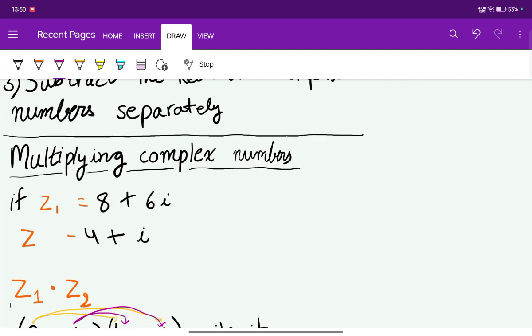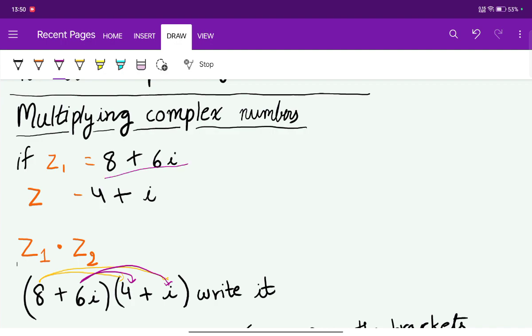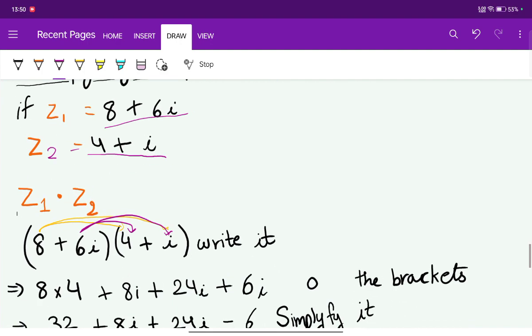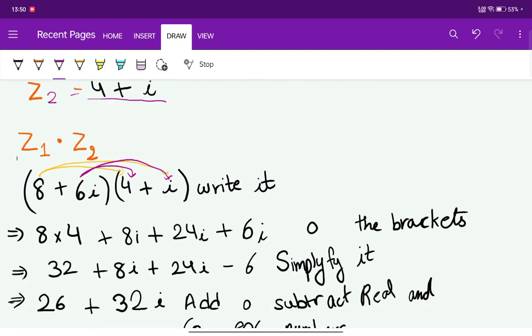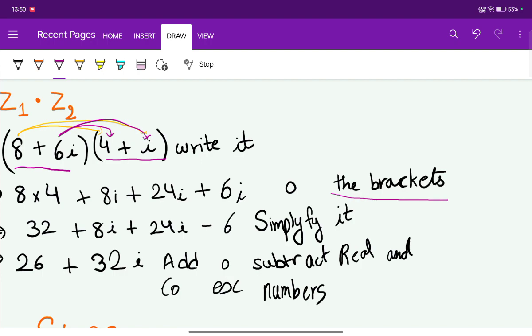Multiplying complex numbers. If z1 is equal to 8 plus 6i and z2 is equal to 4 plus i, then z1 into z2. So first we have to write it, 8 plus 6i into 4 plus i. Then we have to open the brackets.